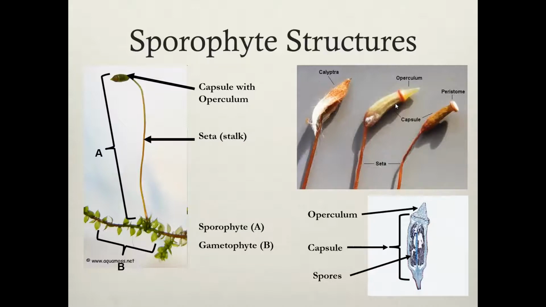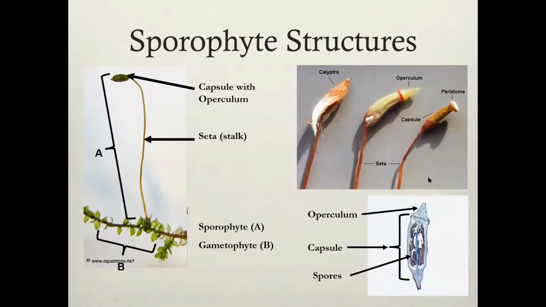Now, when you take a cross section of this capsule and look inside of it, that is when you're going to see your sporangium, which is the lining of this chamber, and the spores themselves. So this is thousands of spores that are inside the sporangium. Now remember, the sporangium is 2N. They have a mother cell that is going to divide into spores. And the result are these haploid spores that you have here. So these will be flung into the environment and grow into gametophytes somewhere else.